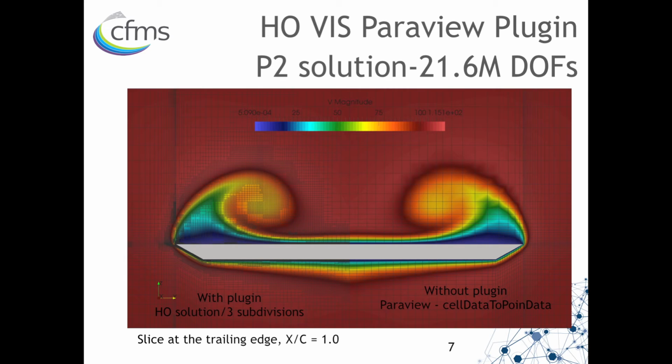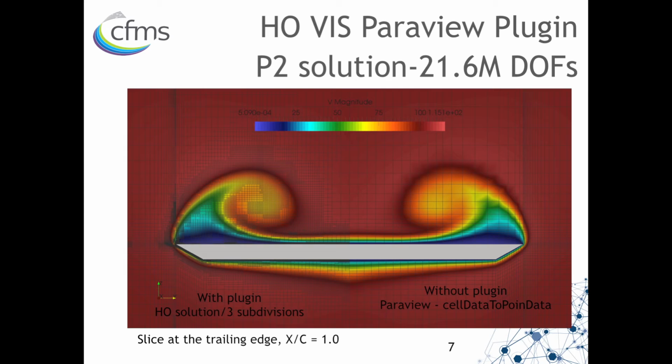You can see here the same solution visualized using the ParaView cell data to point data interface, and the high order data visualized using the plugin. You can see a really big difference between the two.